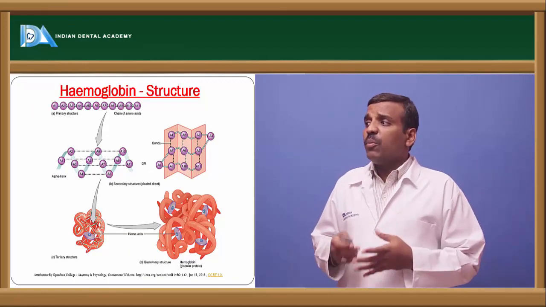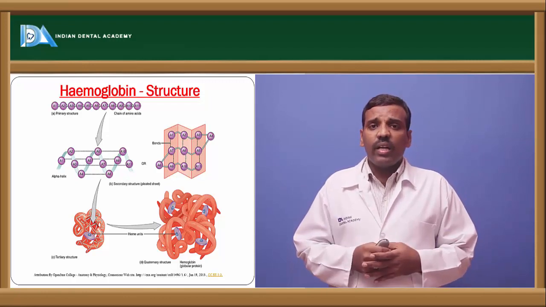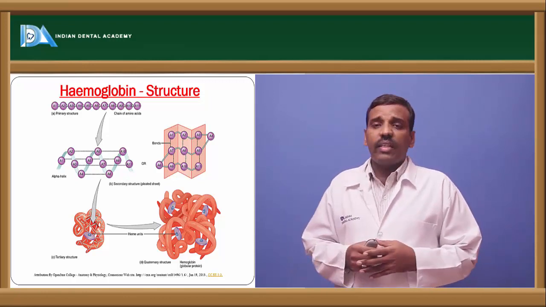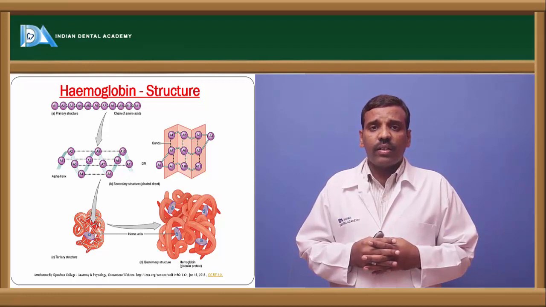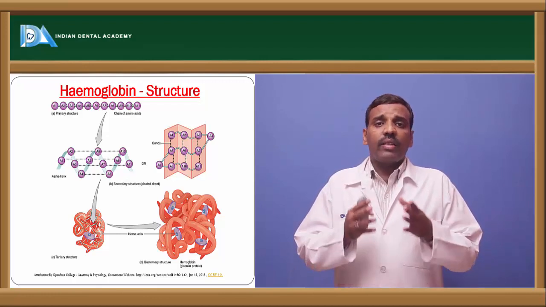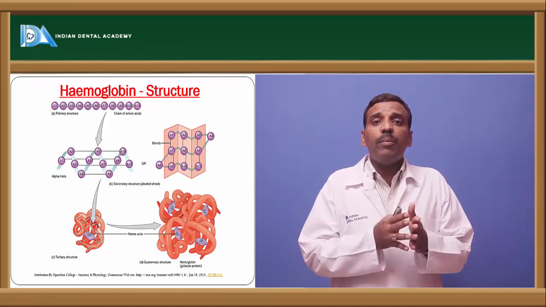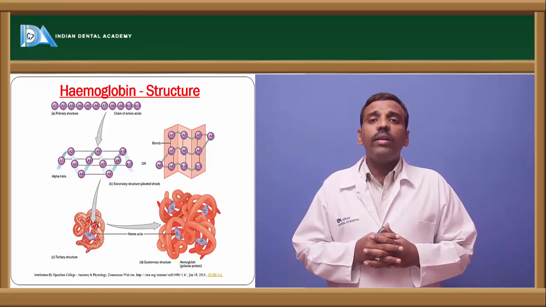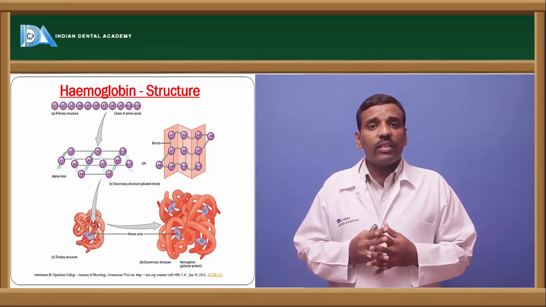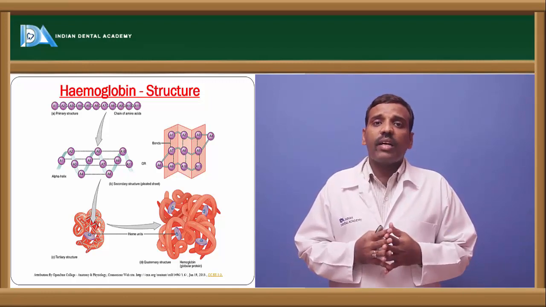And the hemoglobin which is present in the RBCs has 4 porphyrin rings and iron present, and hemoglobin is nothing but heme plus globin. Globin is the protein part, and heme is a color compound.